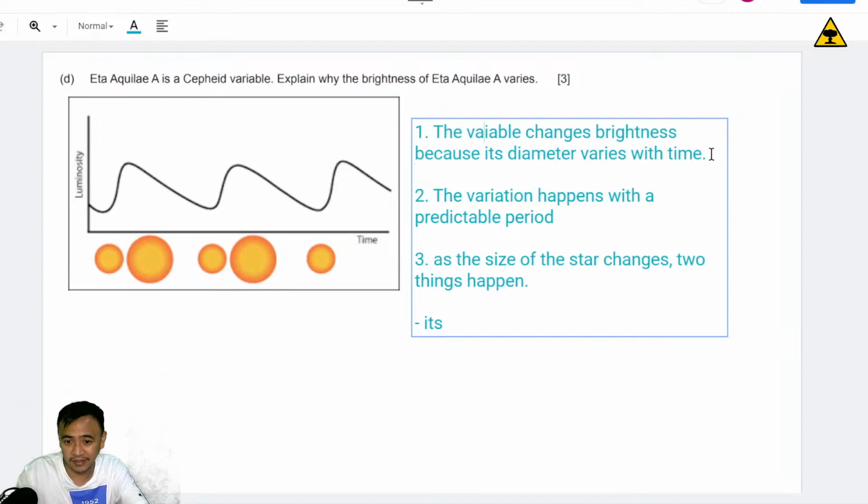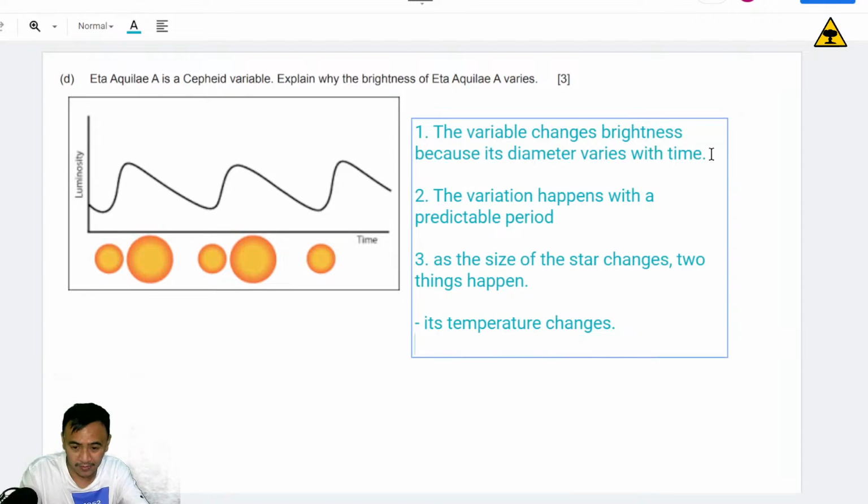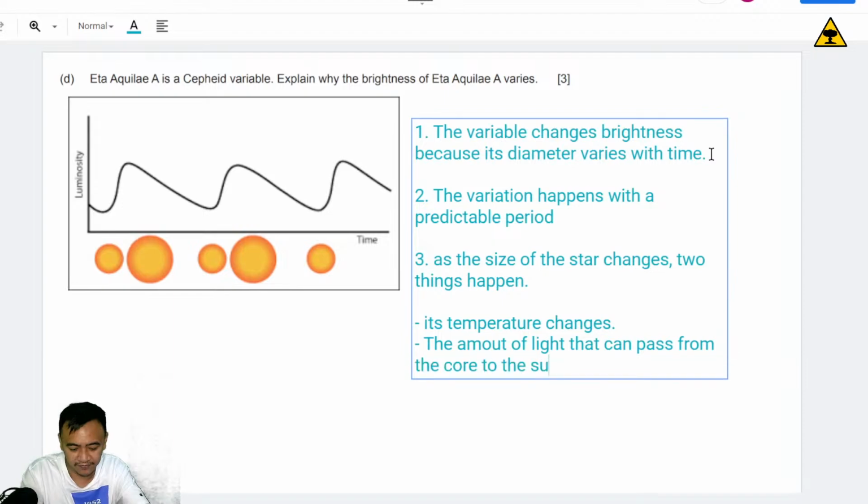So not the brightness, its temperature changes. And then the second one is the amount of light that can pass from the core to the surface changes as well.